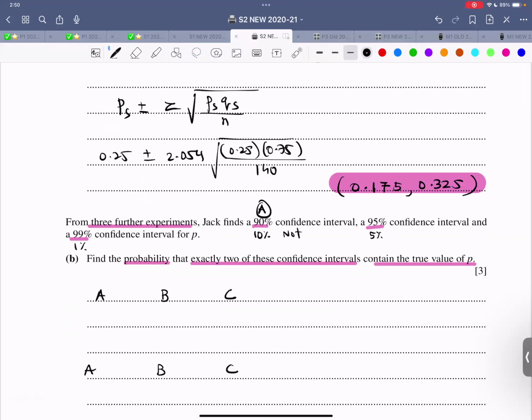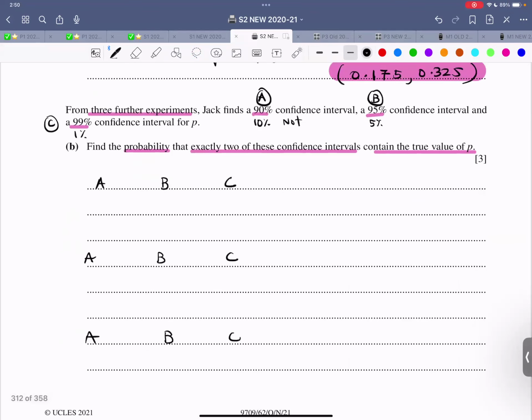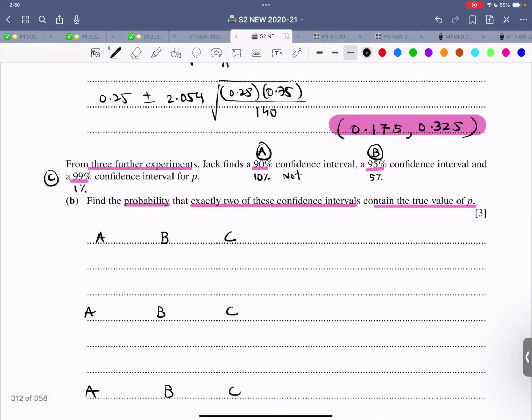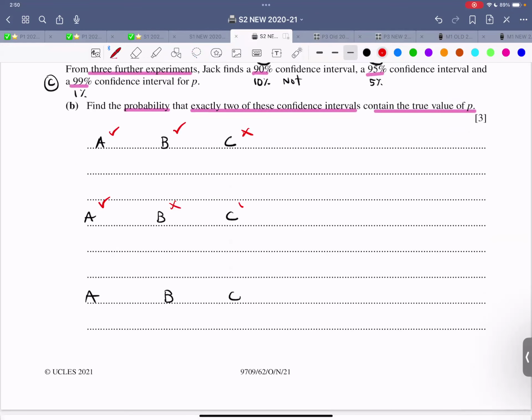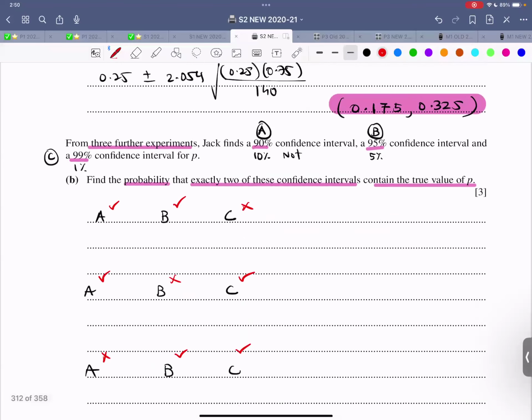This is scenario A, this is event B, this is event C, just like basic probability. So now this is included: yes, yes, not; yes, not, yes; not, yes, yes. That is what we have to do.